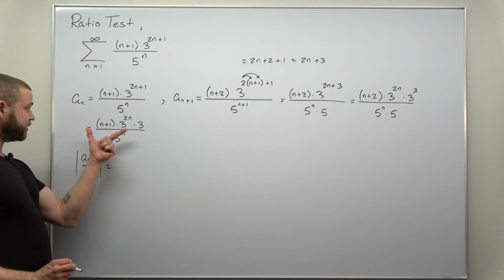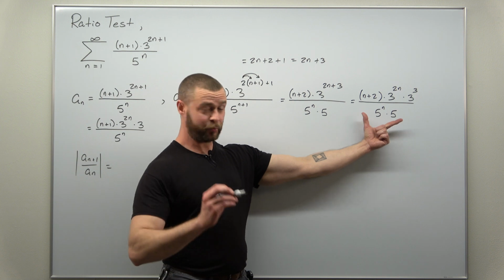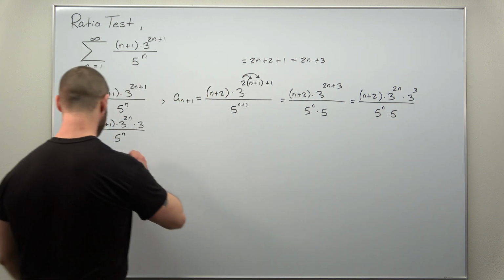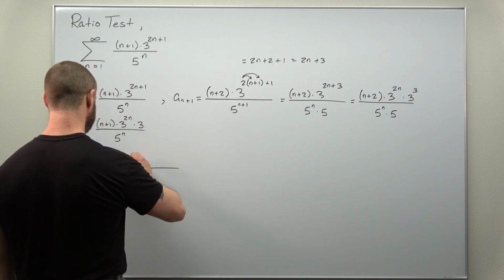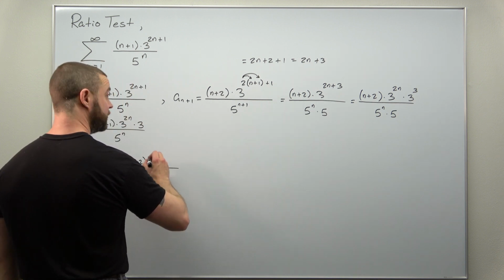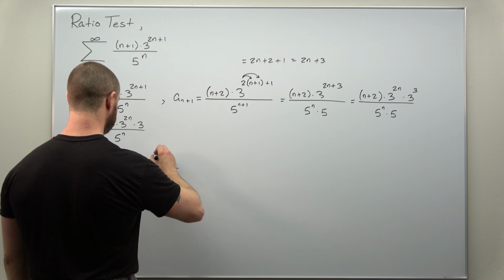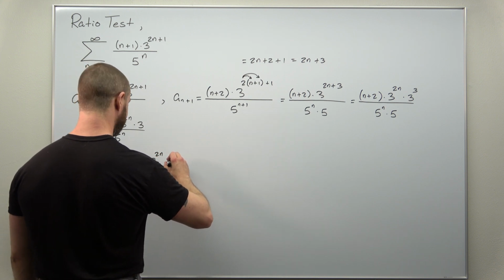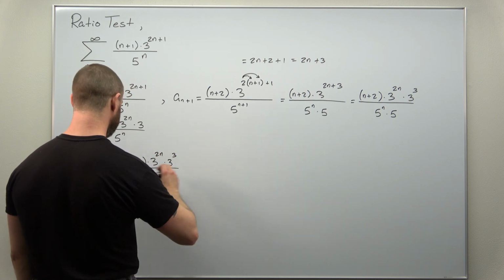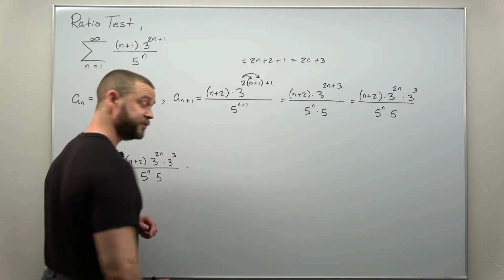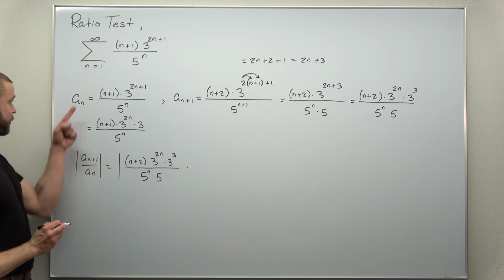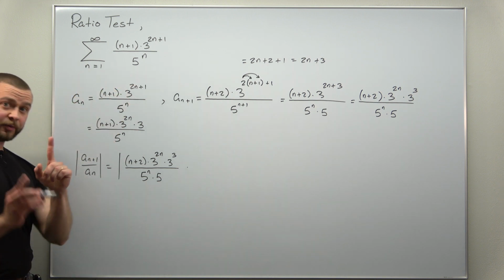All right, so we're going to start with a sub n plus 1 in this fully simplified version here. And again, take your time. We have that as n plus 2 times 3 to the 2n times 3 cubed divided by 5 to the n times 5. And since we're dividing by a sub n, which is a fraction, we're going to multiply by the reciprocal.